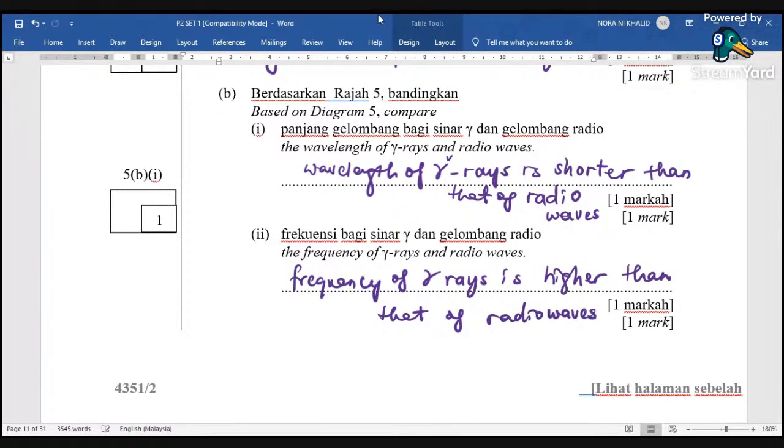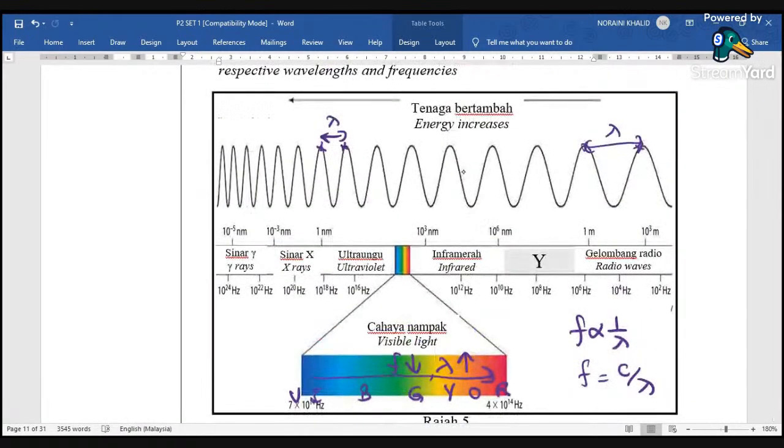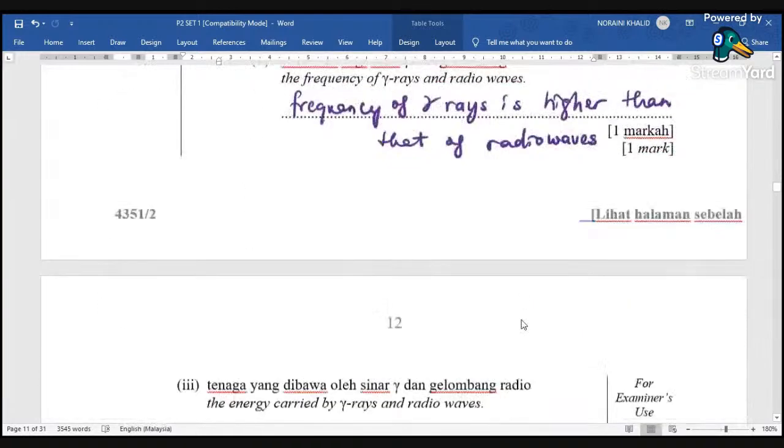So the frequency is higher for gamma, you can see more number of waves in the same time taken. Let's say this time taken is 1 second, so you can see how many waves observed for gamma, more number of waves compared to radio. Thus, frequency of gamma rays is higher than the radio wave.